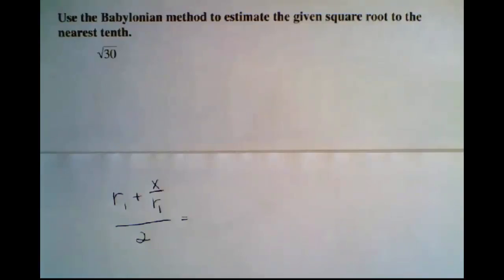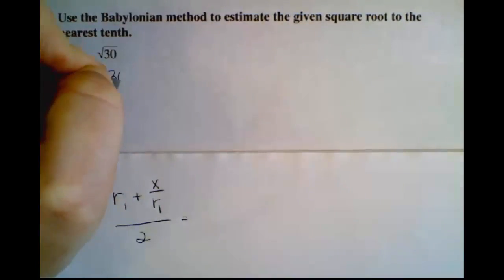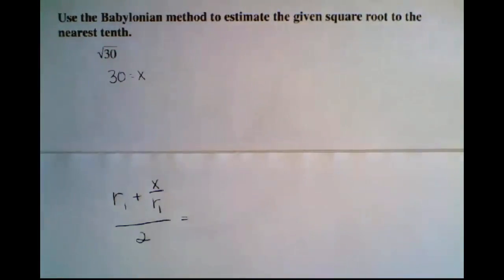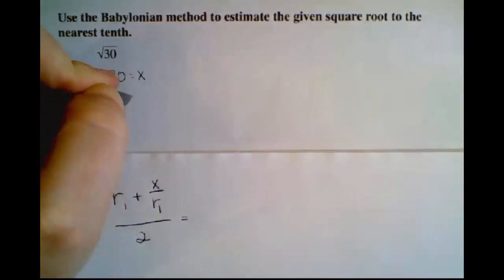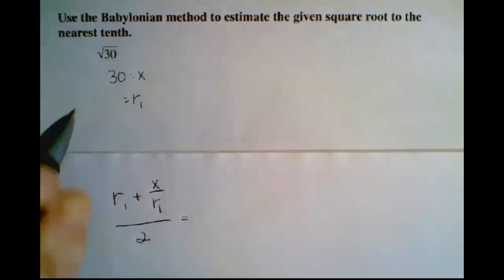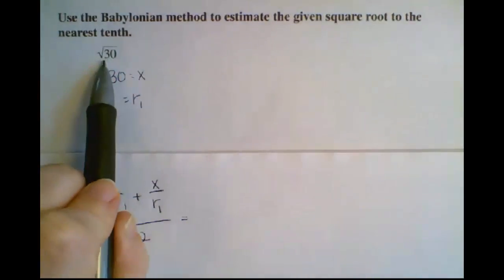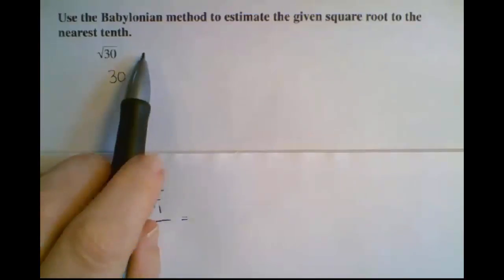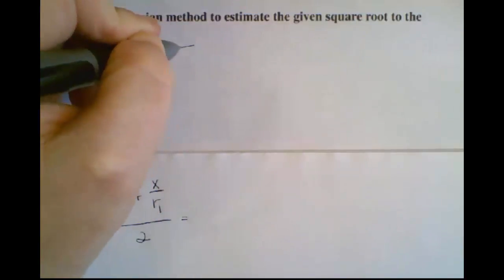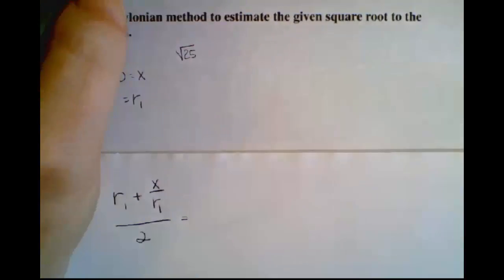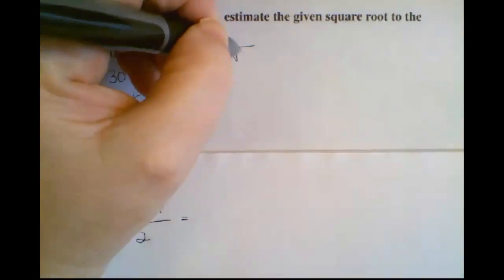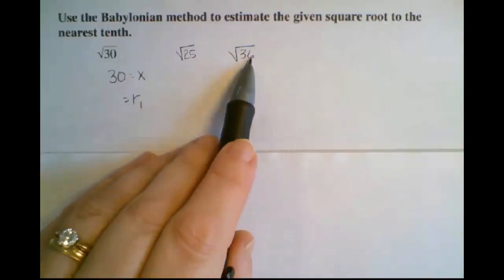Now we're going to use the Babylonian method to estimate the square root of 30. So 30 will be our X. Our R1 will be determined by thinking about the perfect squares that surround that. The square root of 25 is 5, and the next higher one, the square root of 36, is 6.